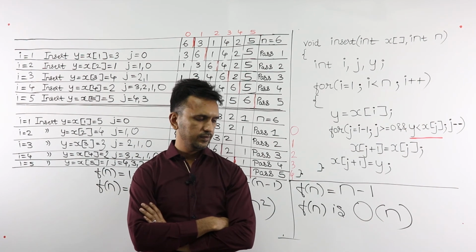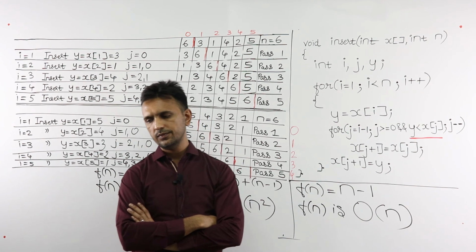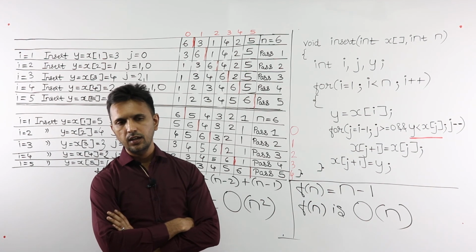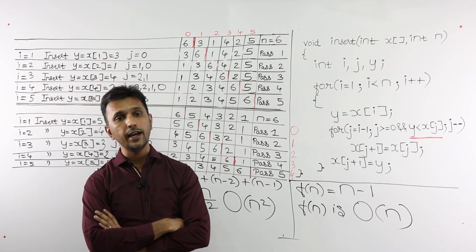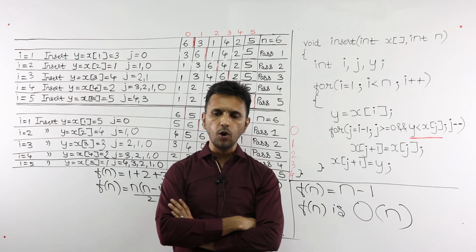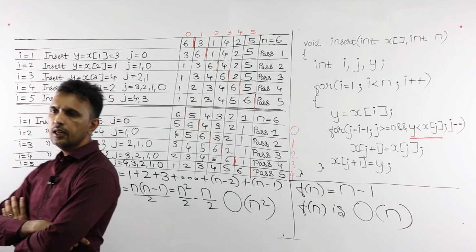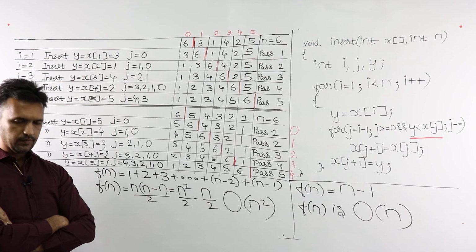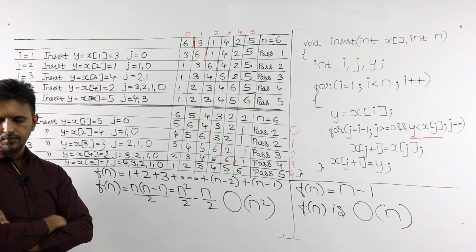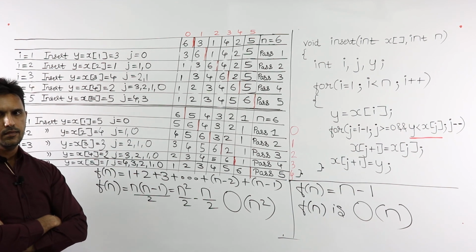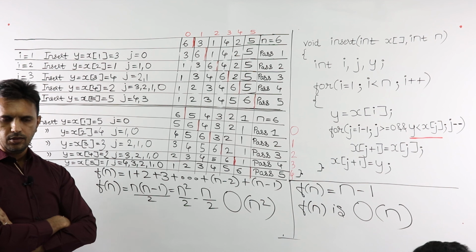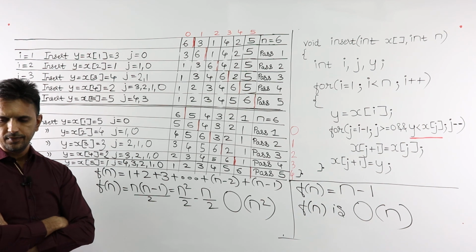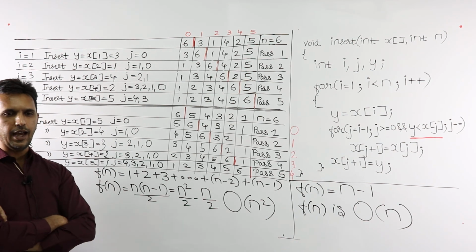Hence, we may consider only, now write the next 4 words in some other ink, highlight the next 4 words, comparison of array elements, come back to normal ink, as critical operation.